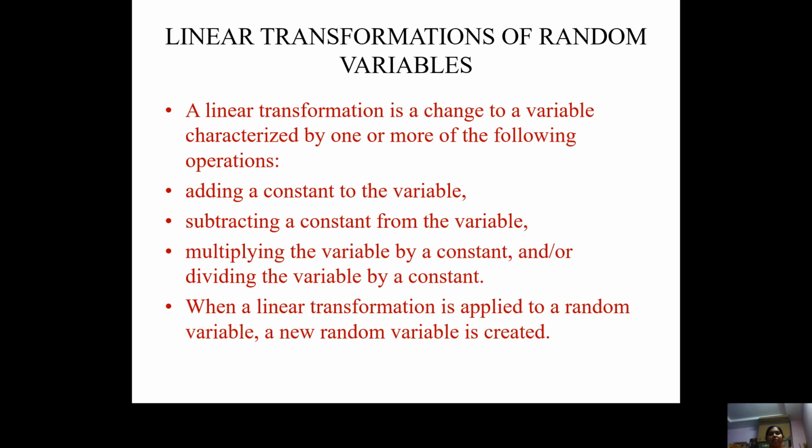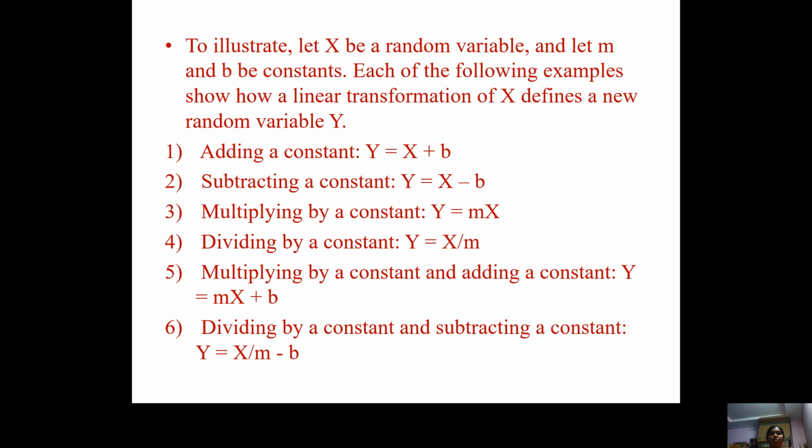When a linear transformation is applied to a random variable, a new random variable is created. To illustrate, let X be a random variable and let m and b be constants. Each of the following examples shows how a linear transformation of X defines a new random variable Y.